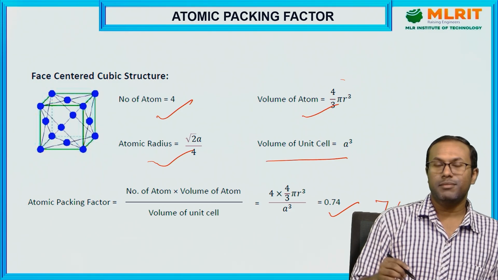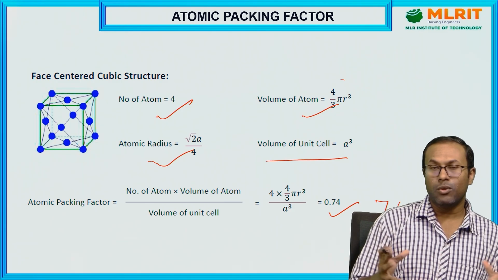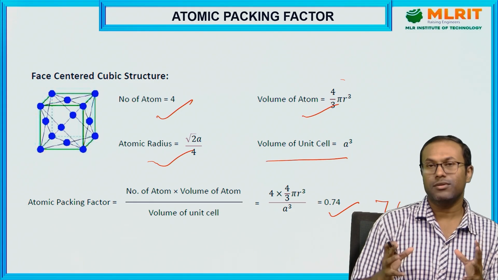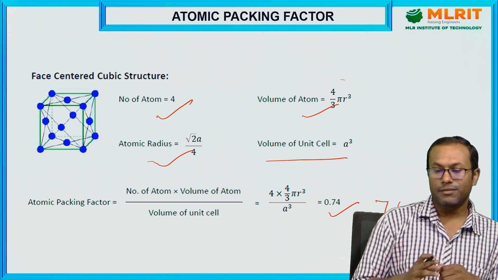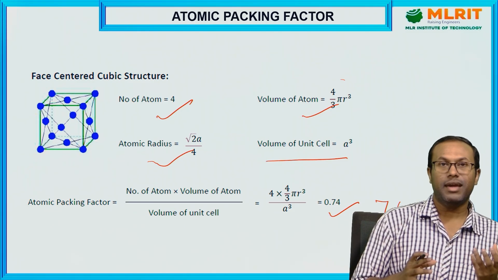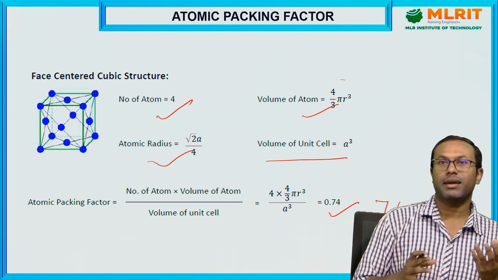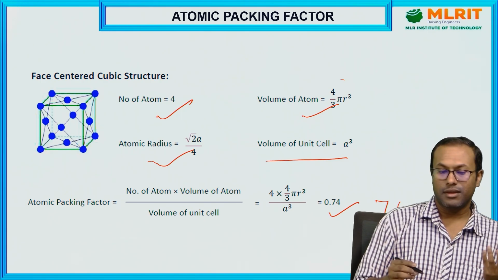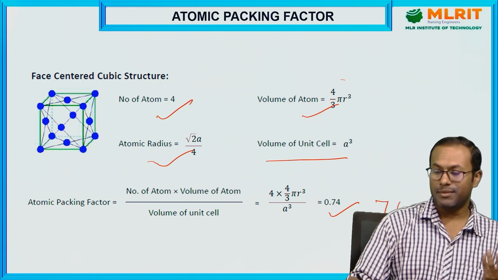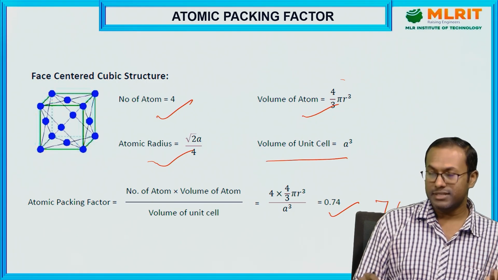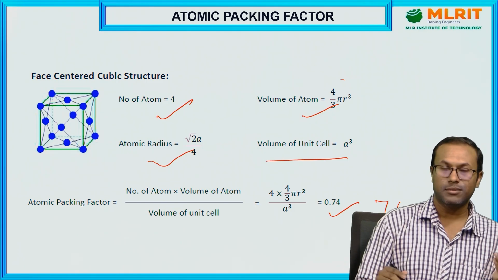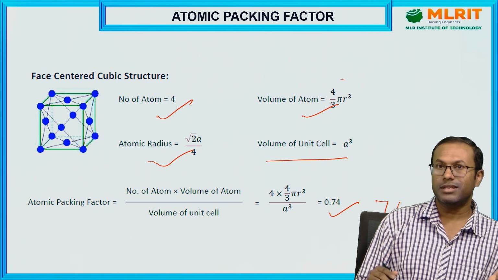Atomic packing factor means how many atoms are closely packed in a unit cell of the crystal. So if it is more closely packed, then the atomic packing factor will be more. In case of FCC, that is 74%. In case of BCC, that is 68%. And in case of simple cubic, that is 52%.